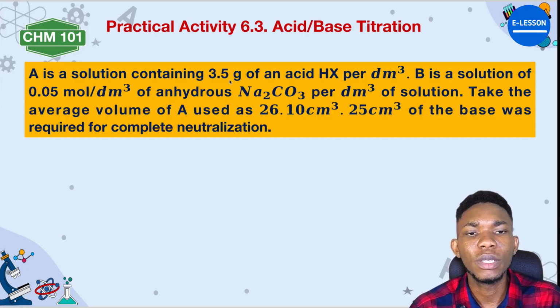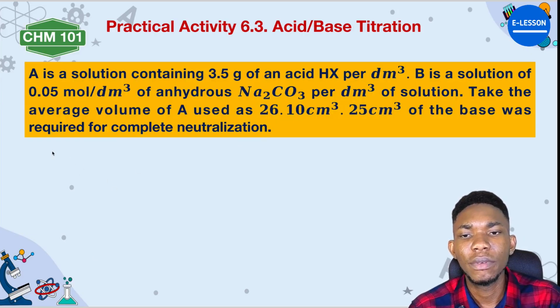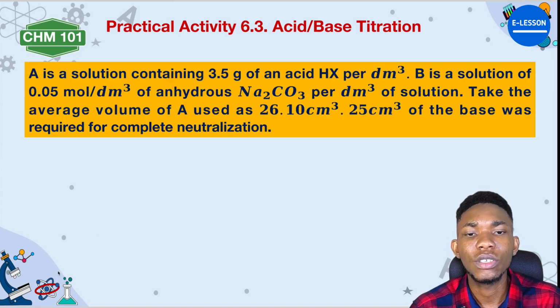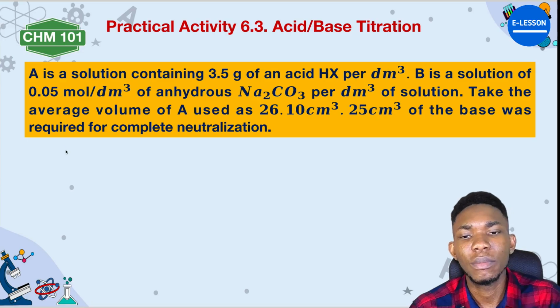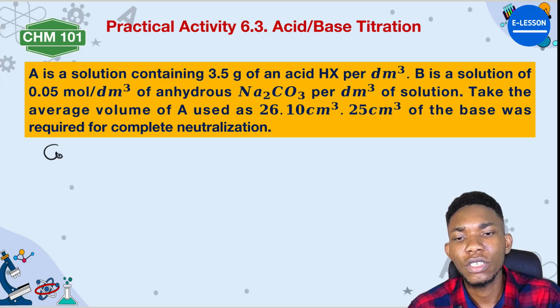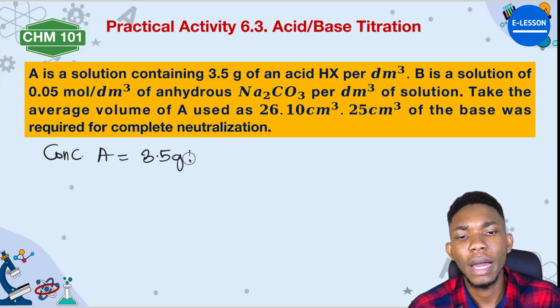Now, look at it. From this question, they asked in mole per dm cube. Molar concentration means in mole per dm cube. Now, A is a solution containing 3.5 grams of acid, HX, per dm cube. So it means concentration of A, given in gram per dm cube, is 3.5 gram per dm cube.